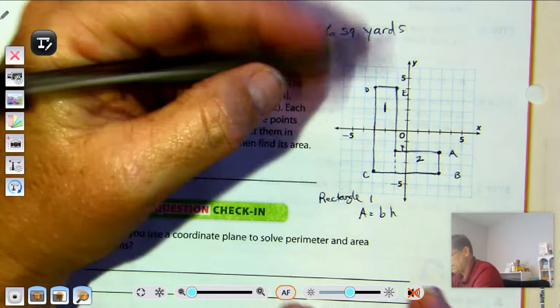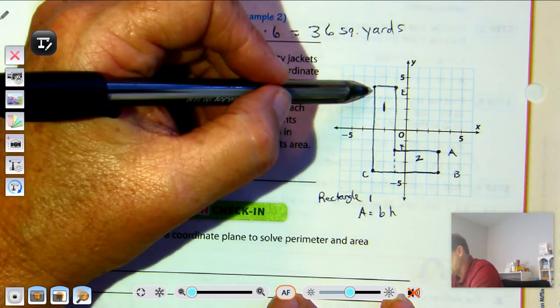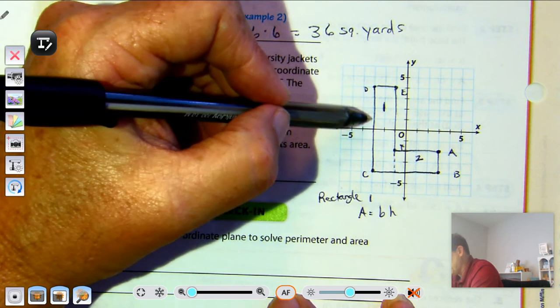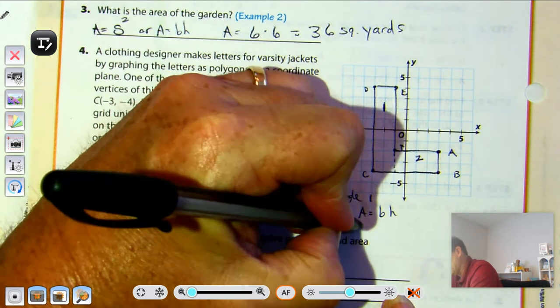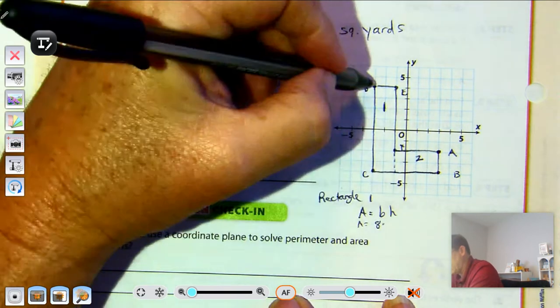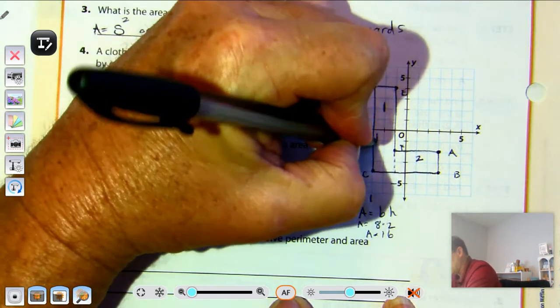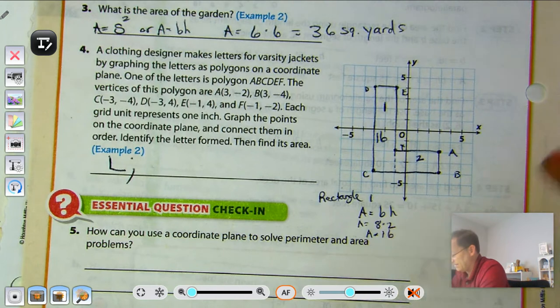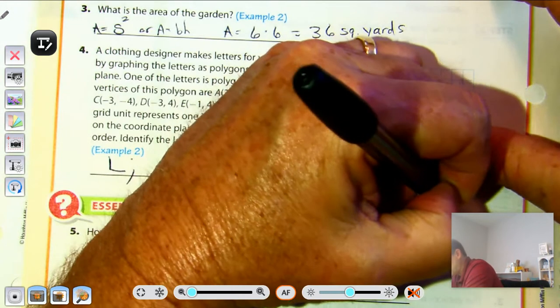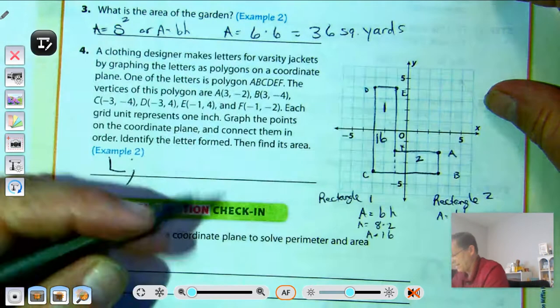So rectangle 1, we're going to say the base is 1, 2, 3, 4, 5, 6, 8 units. And the height is 2. So the area of this one is 16 square inches. And then rectangle 2, still base times height.